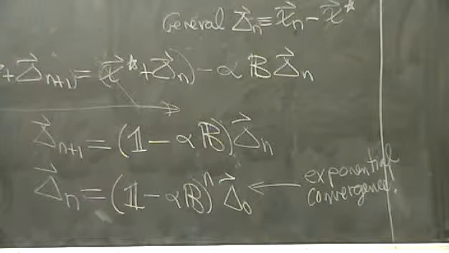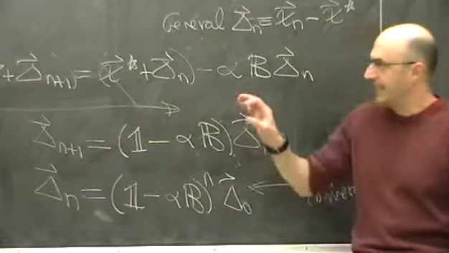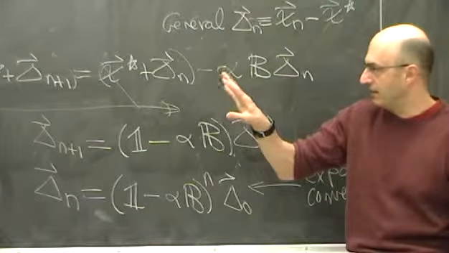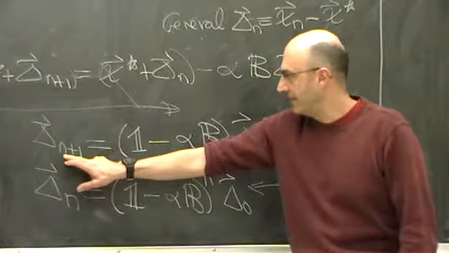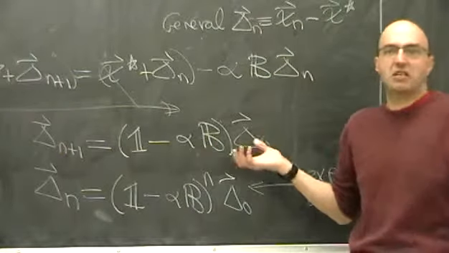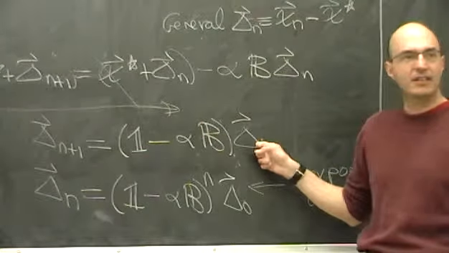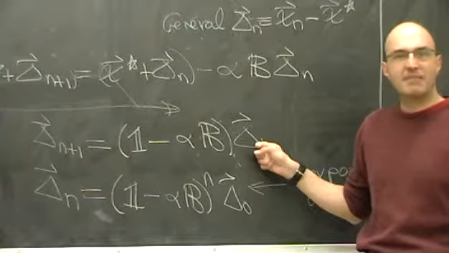Now, the other thing I wanted to point out to you is that with this particular algorithm, the error at the next step doesn't seem to be 0 at this order. It's still going to be non-zero. If it were 0 at this order, what would I have to do in my analysis?